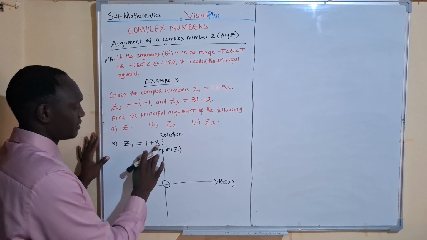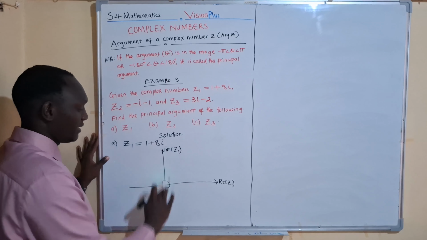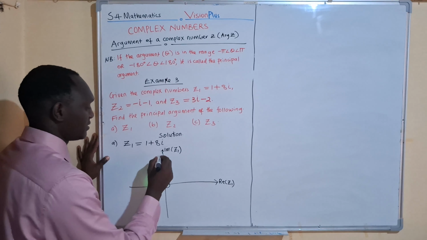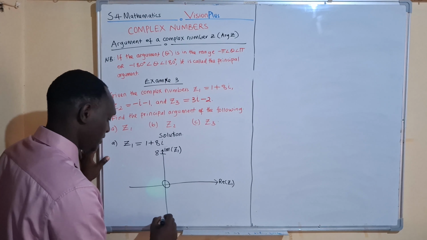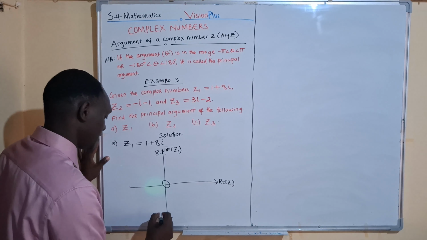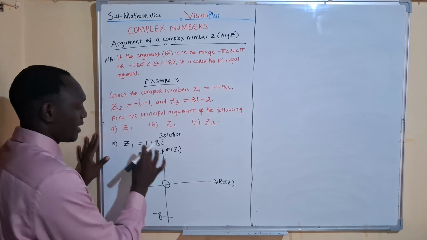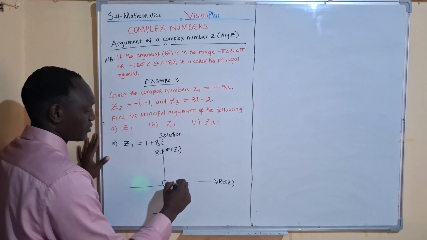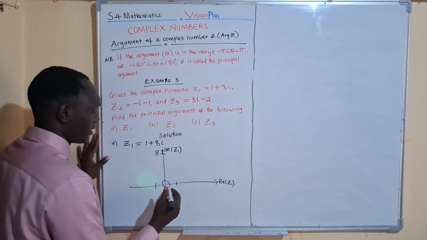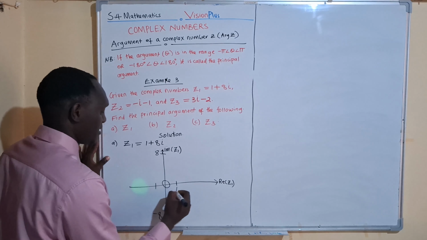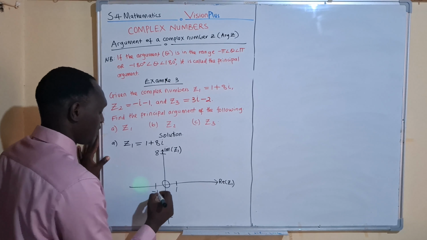In magnitude, 8 is bigger, and 8 is on the imaginary axis, so let me mark 8 and the corresponding negative 8 about there. 1 is smaller than 8, so it should be closer to the origin so that it is reasonable. So this is 1, this is the corresponding negative 1.